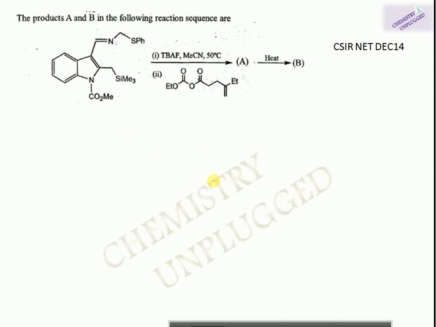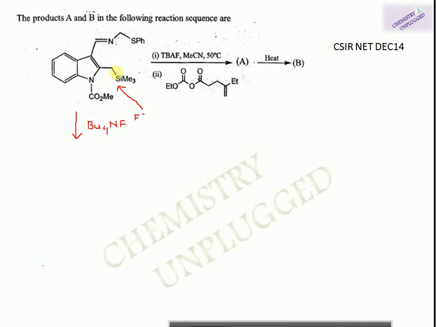Next question is from December 14, and we are using TBAF. TBAF is tetrabutyl ammonium fluoride. So in the first step we are using tetrabutyl ammonium fluoride. So this fluorine is acting as a nucleophile here, and it will attack on trimethylsilyl, because we know that the silyl group has strong affinity for hard nucleophiles.